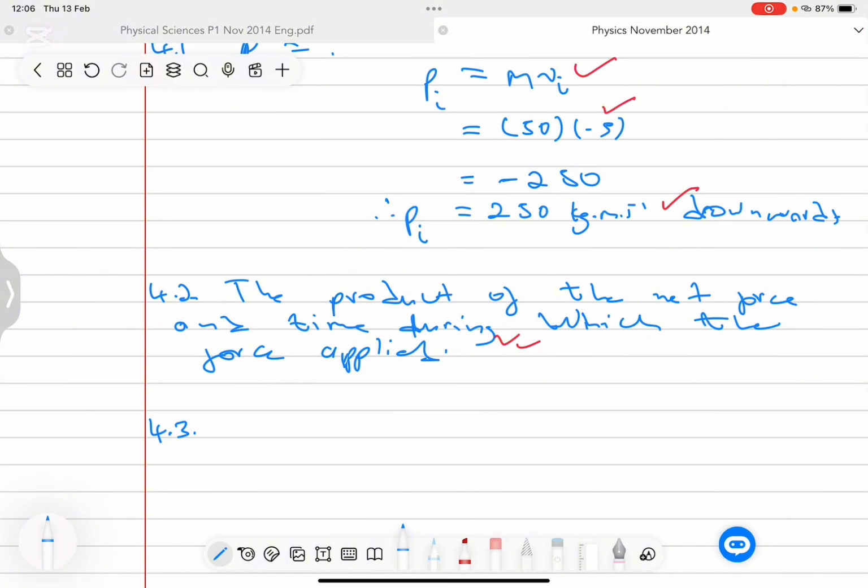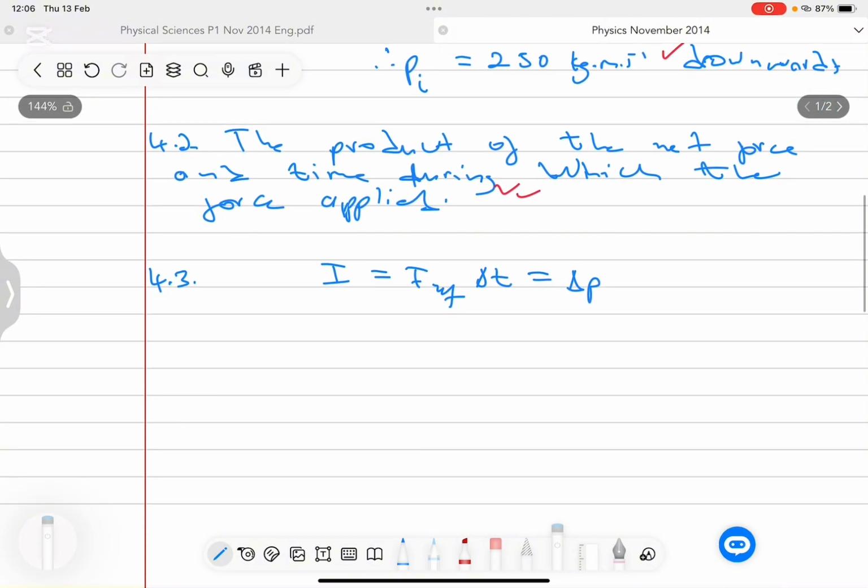Now, to get this force, I can use the fact that impulse is defined as the net force times the change in time. Basically, question 4.2 was a hint that we should use it here to answer 4.3. But also we know that the impulse is the same as the change in momentum from the impulse-momentum theorem.